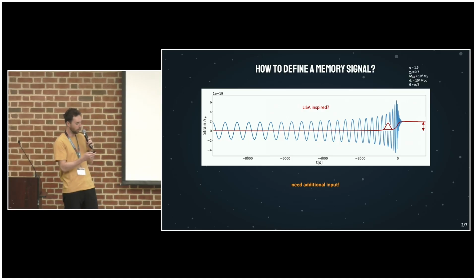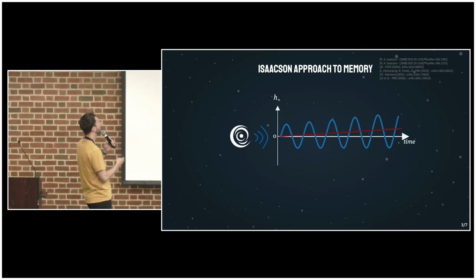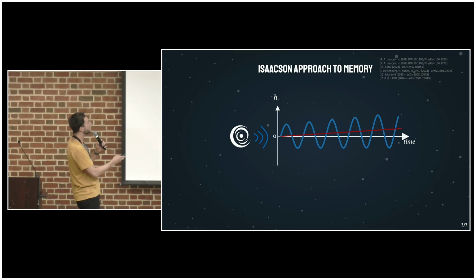And so our proposal, as was already mentioned, is actually quite intuitive. If we look at this example that we had in the beginning of just the inspiral, we have really these two components: the gravitational waveforms whose dominant frequency is tied to the orbital motion of the binary. And so this red curve, how can we get this?